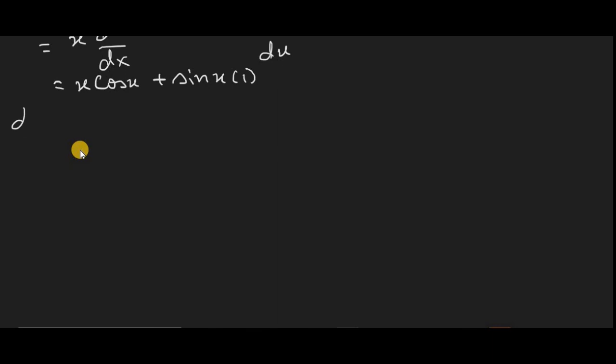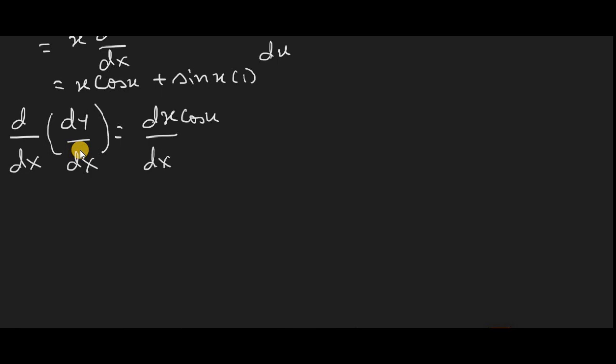The second derivative, d by dx of dy by dx, is equal to d by dx of x cos x plus d by dx sin x, d2y by dx square.